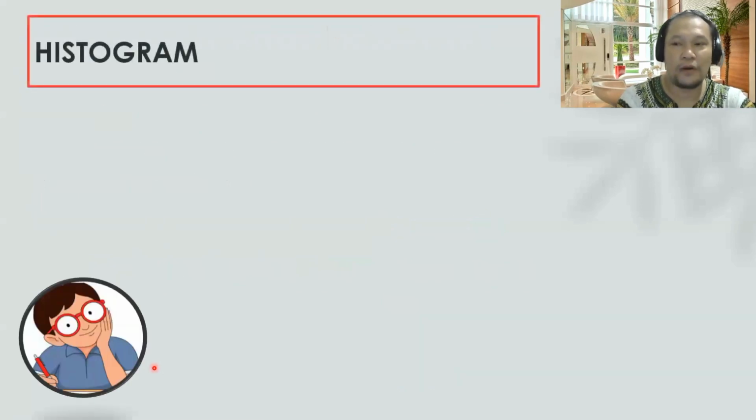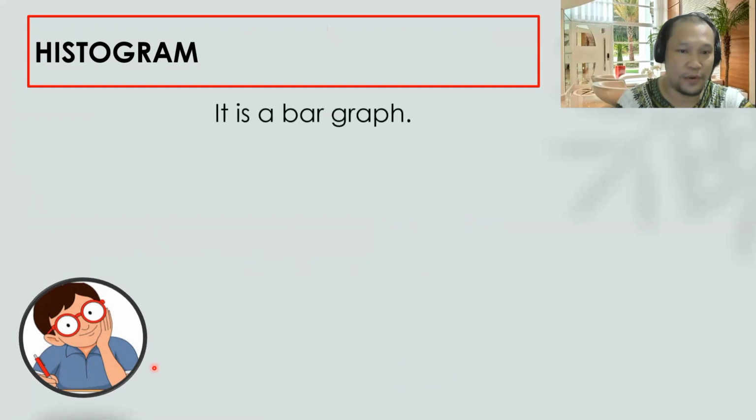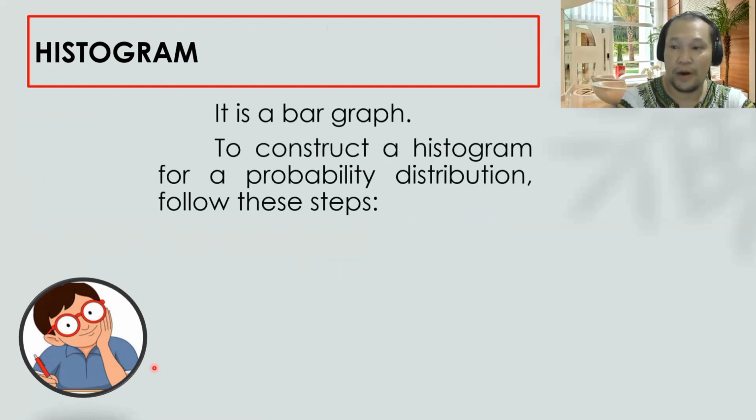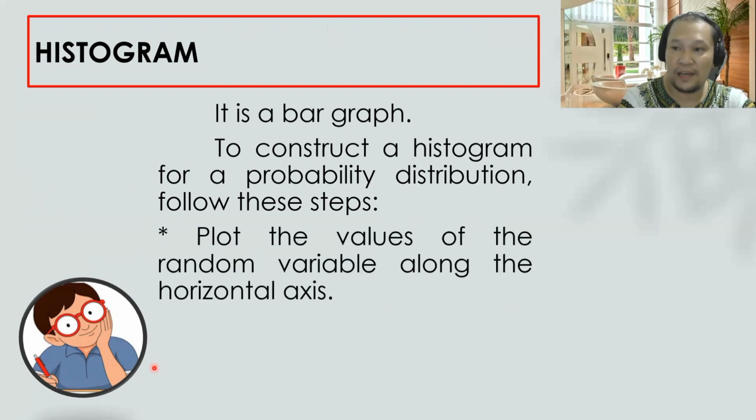When we talk about the graphical presentation, we can use the histogram. And what is a histogram? A histogram is a bar graph. To construct a histogram for a probability distribution, we are going to follow these steps.